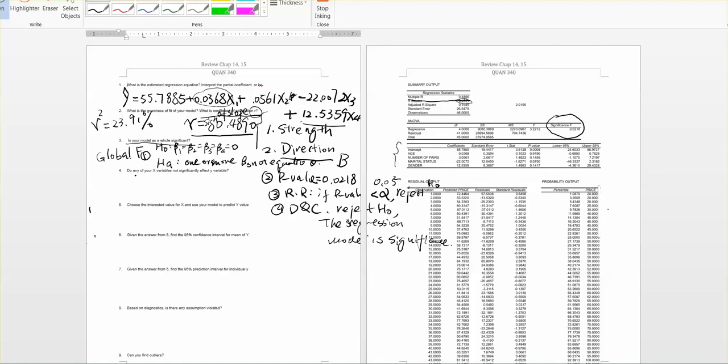So next, do any of your x variables not significantly affect the y variable? So we have two approaches. The first is individual t-tests. The second, we can use the confidence interval for betas. So for instance, if we want to see the significance of h, we can look at the confidence interval for h. So where is it?